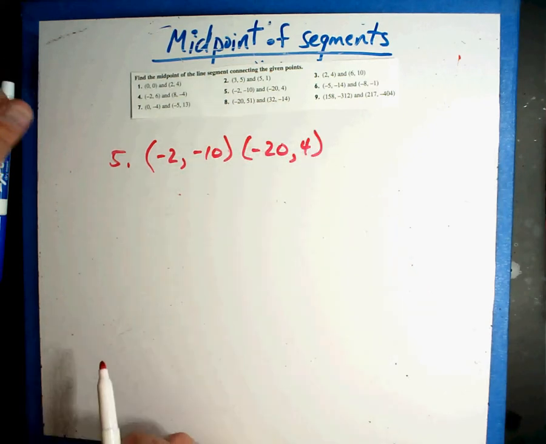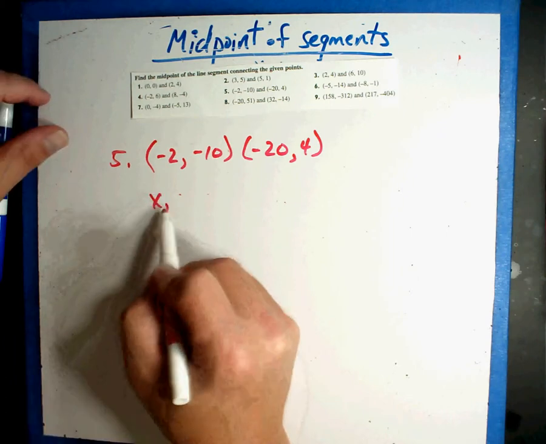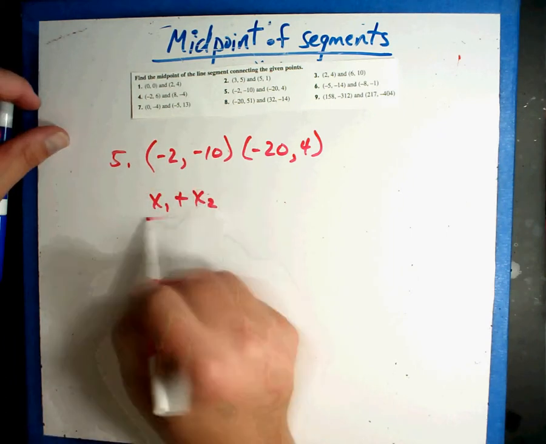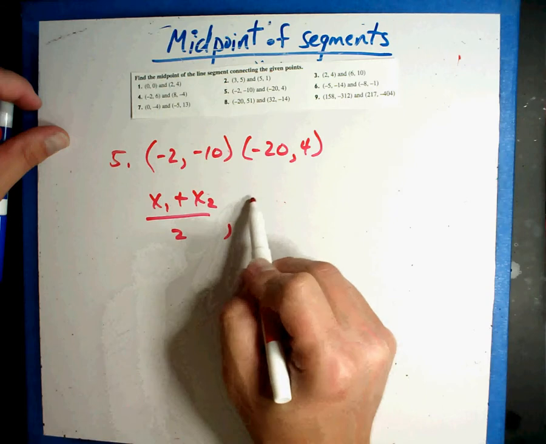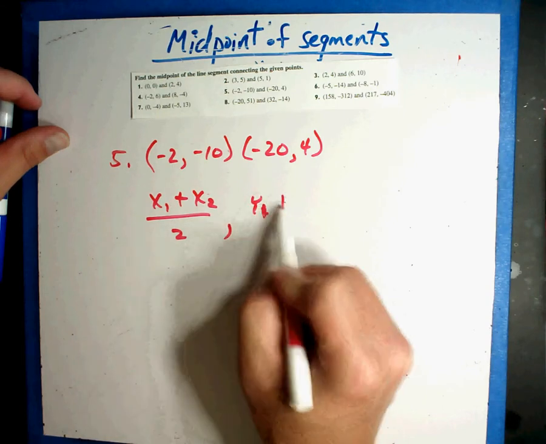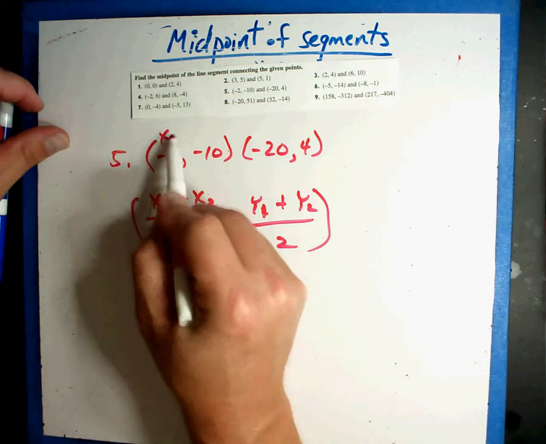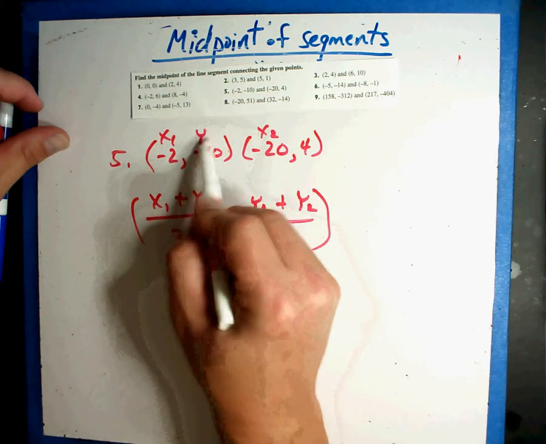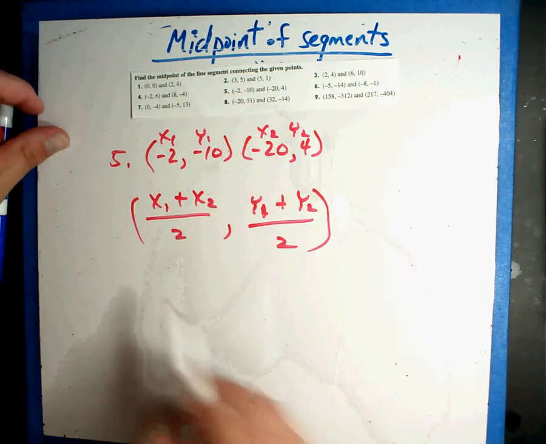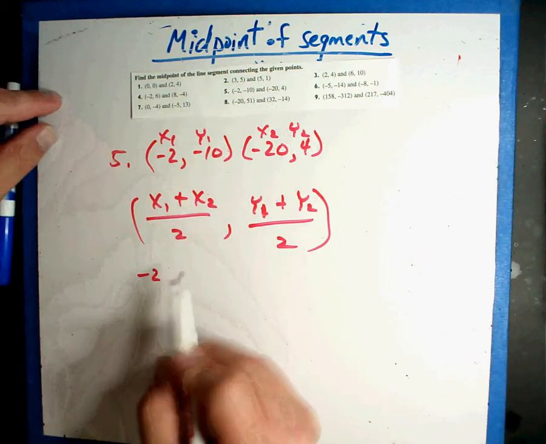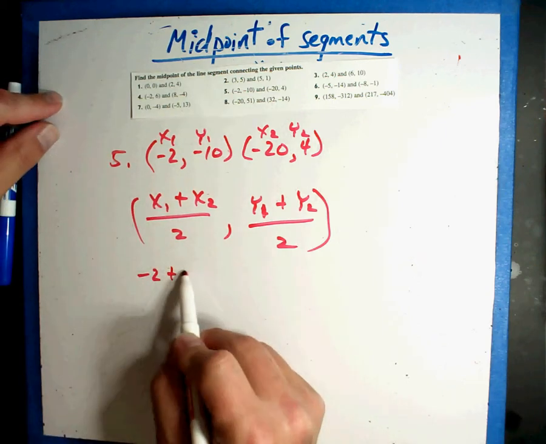So doing number 5, x1 plus x2 divided by 2 and y1 plus y2 divided by 2. So I'm going to go ahead and label x1, x2, y1, y2. So x1 is minus 2 plus minus 20.